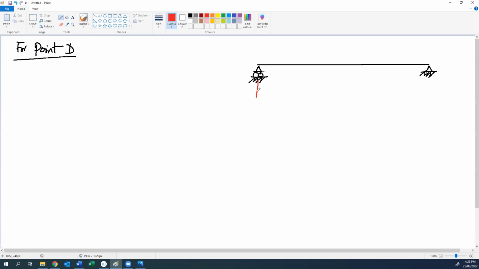And we have the reactions 815.62 Newton and 1484.38 Newton, and two applied forces here, 800 Newton and 1500 Newton.